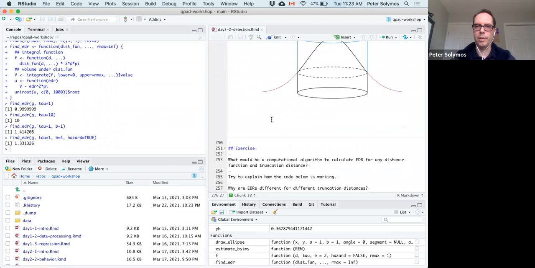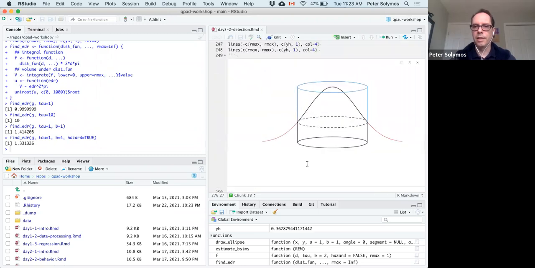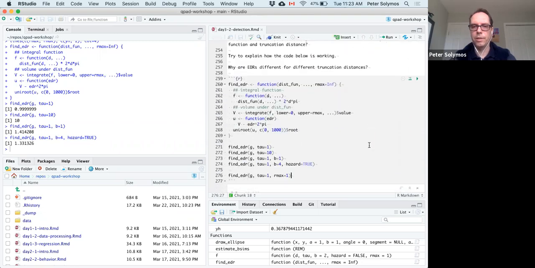If I just scroll back up here, that means the total volume of the dough becomes not just the whole shape going out to infinity, but if you cut it at 150 meters, then that is just going to put a bound on this total volume. But still, within that predefined R max, you can find an EDR which is going to make the outside versus the inside equal. And this is what we are looking for.